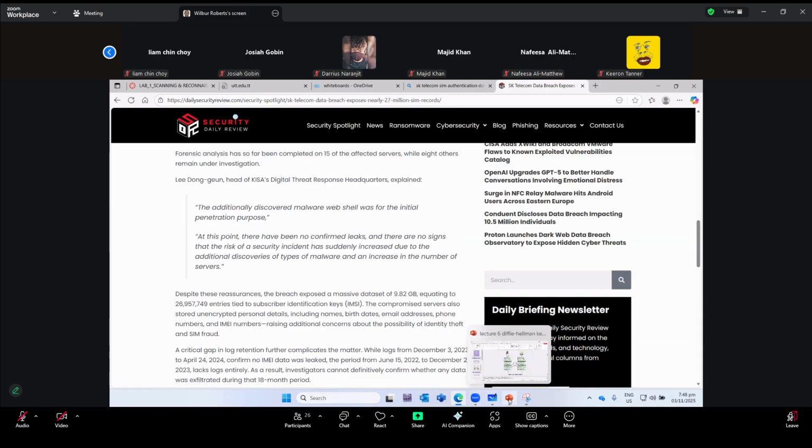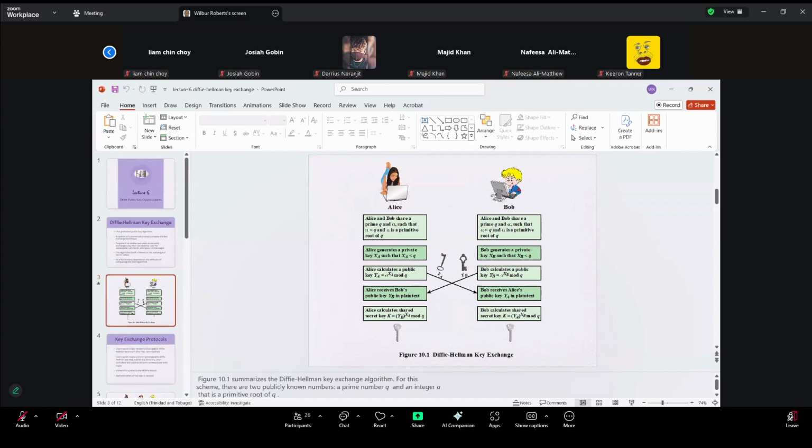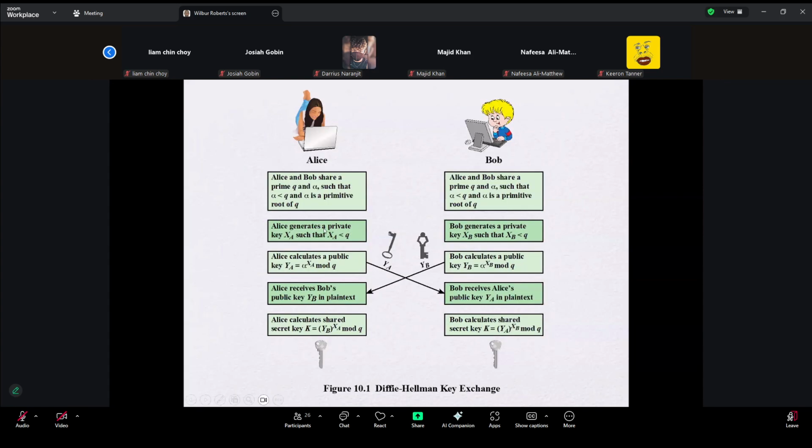Let me go to the PowerPoint and share it with you all. It's shared. Let me make it full screen. All right. So Alice generates a private key, and Bob generates a private key.